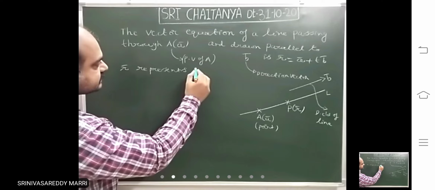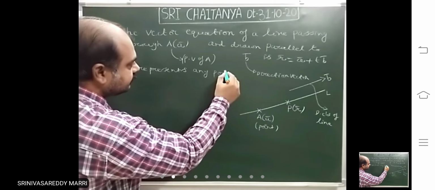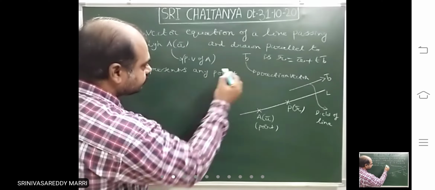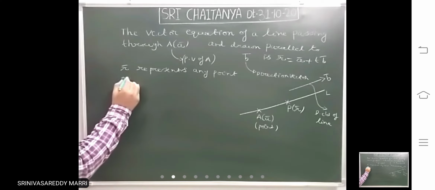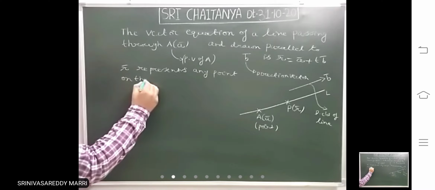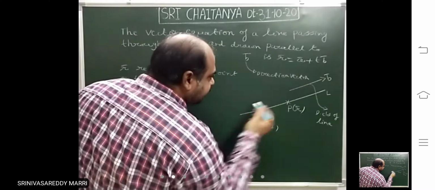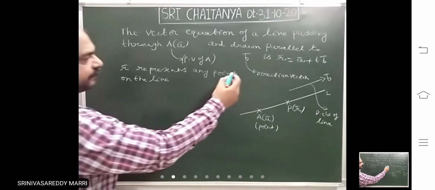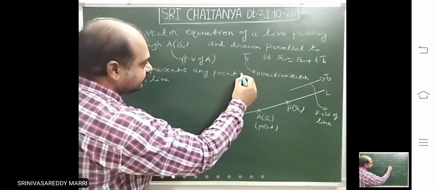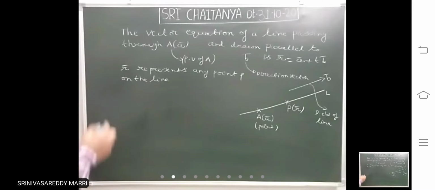R bar represents any point on the line. That means if you want to calculate any point P on the line, then we will take that as R bar. So this is the vector form.